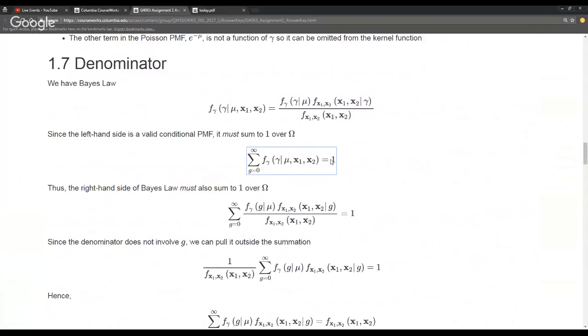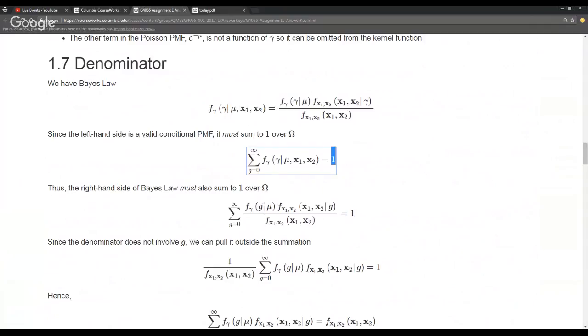The sum of all that has to equal 1 for this to be a valid probability mass function on the left-hand side. And if you sum the left-hand side and you get 1, what happens when you sum the right-hand side over the entire sample space? 1. The right-hand side of Bayes' law must sum to 1 as well.